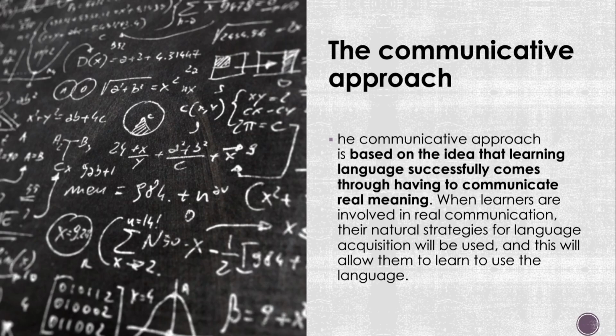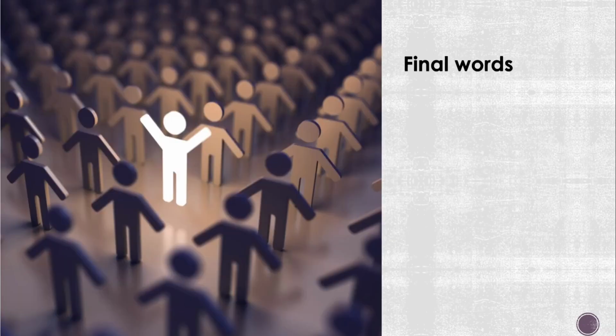For example, practice in question forms by asking learners to find out personal information about their colleagues is an example of the communicative approach, as it involves meaningful communication, right? In the classroom, activities guided by the communicative approach are characterized by trying to produce meaningful and real communication at all levels. As a result, there may be more emphasis on skills than systems. Lessons are more learner-centered and there may be use of authentic materials.